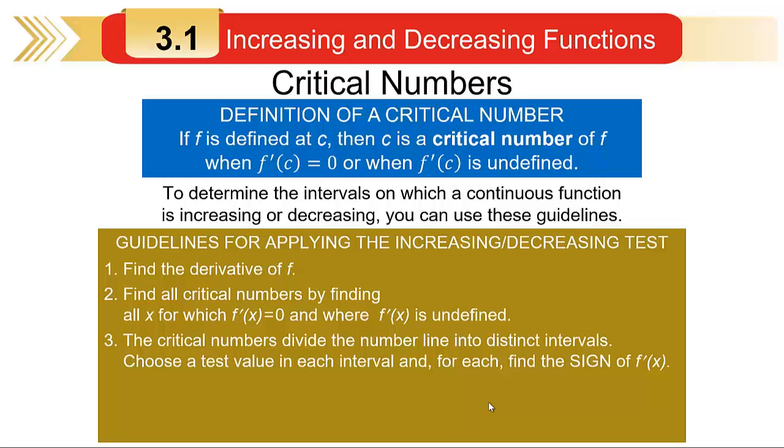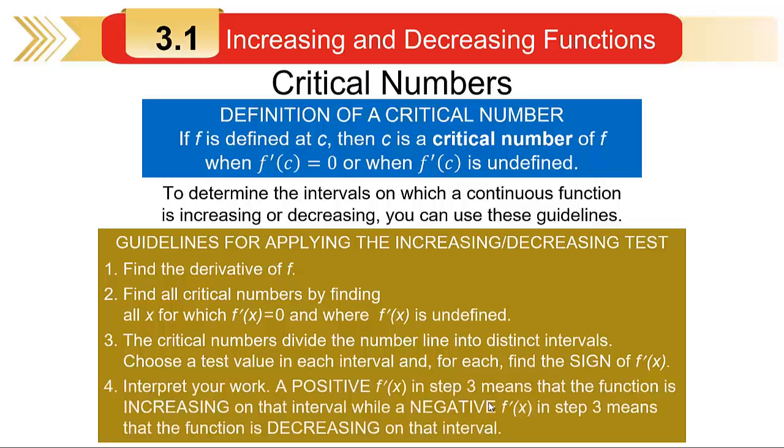Because when the sign is positive, you know the function is increasing on that interval. If the sign is negative, you know the function is decreasing on that interval. And finally, you want to interpret your results. And to reiterate, a positive derivative in that previous step means the function is increasing on that interval, while a negative derivative, again from step 3, means that the function is decreasing on that interval.